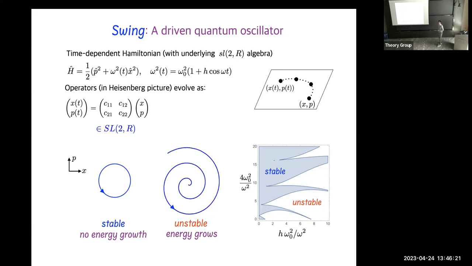What do you mean by the energy? Oh, here by energy, I simply define it as x squared plus p squared as a function of time. So we define this quantity as a total energy as a function of time. There's no dissipation in this system. Yeah, here I didn't introduce any dissipation.